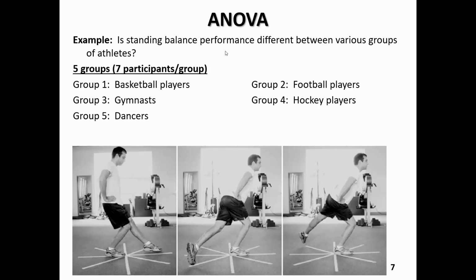And so the overall question here is asking if dynamic balance performance is statistically different amongst these 5 groups. So are gymnasts superior to basketball players, or hockey players, or football players?